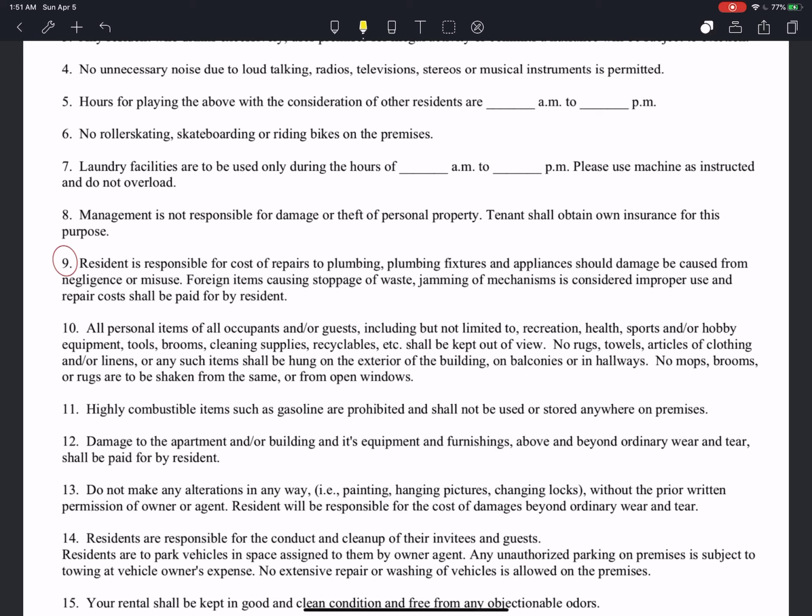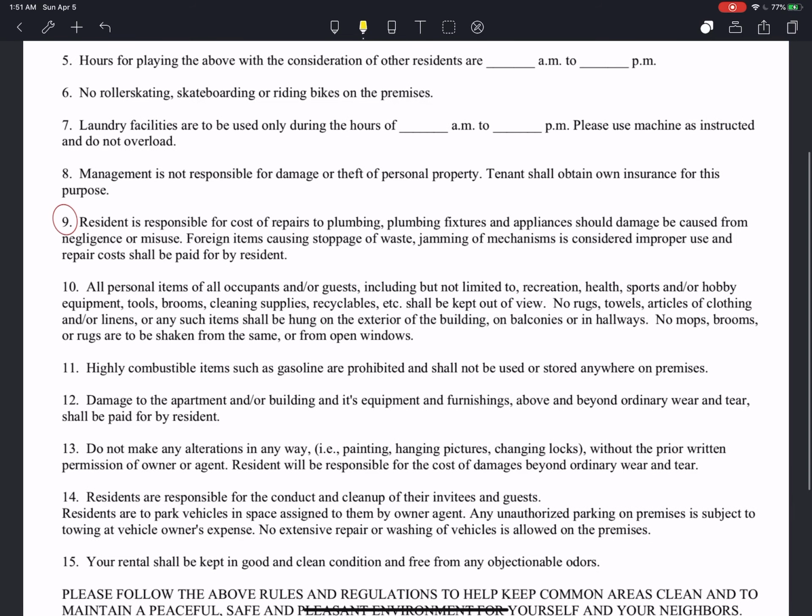So let's go ahead and proceed with this, and I'm going to use some highlights. I'm going to try to highlight and speak at the same time and time it properly. It says on here that the resident is responsible for cost of repairs to plumbing, plumbing fixtures and appliances should damage be caused from negligence or misuse.